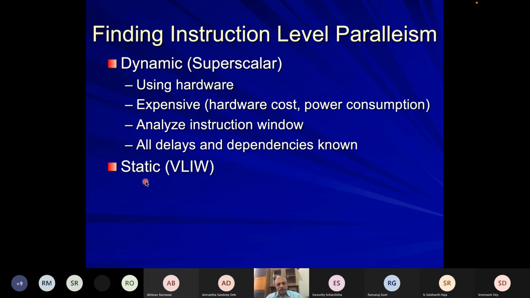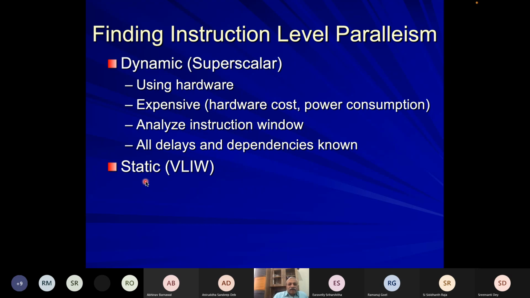The other approach is where this is done statically. It means the compiler does it. The compiler can analyze the whole program, and compiler analysis does not restrict itself to a small window. It can analyze whole loops. It can analyze multiple basic blocks and so on.